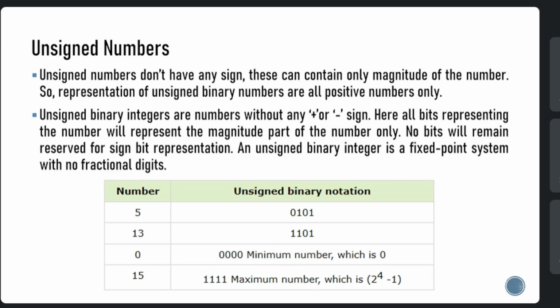In the table below, 5 has the unsigned binary notation 0101. Remember how to read binary numbers: when it is 0, it is off, and when it is 1, it is on. The number 13 is 1101, 0000 is the number 0, and 15 is 1111, the maximum number, which is 2 to the power of 4 minus 1.